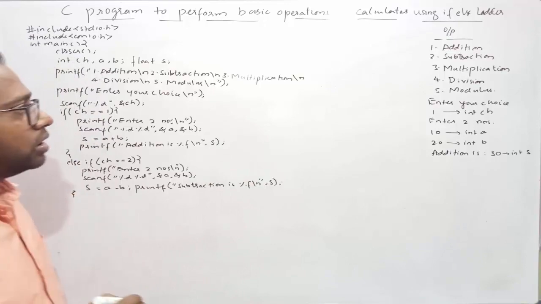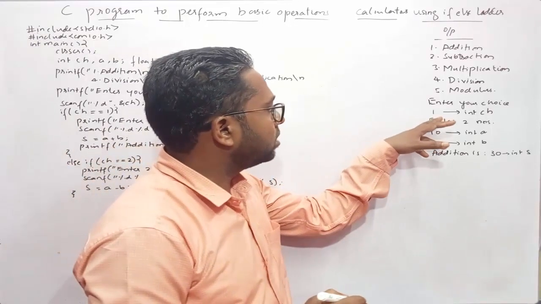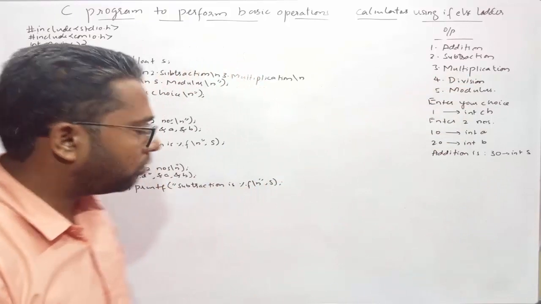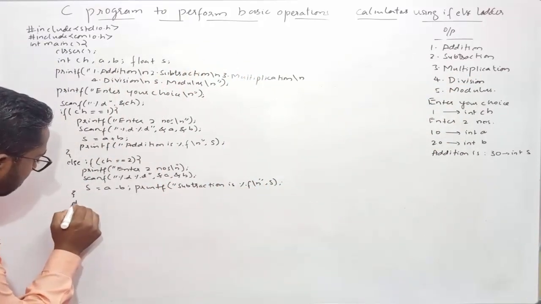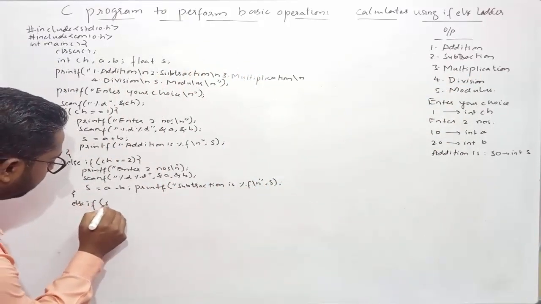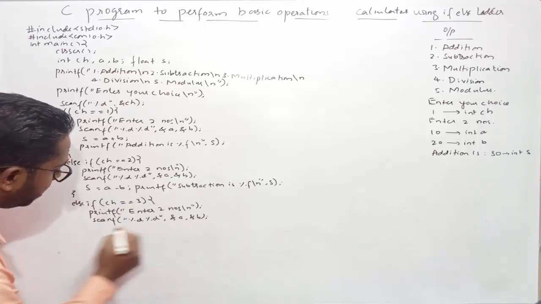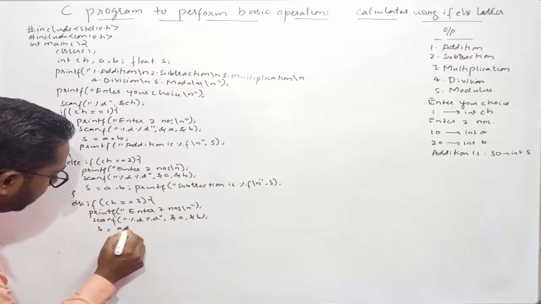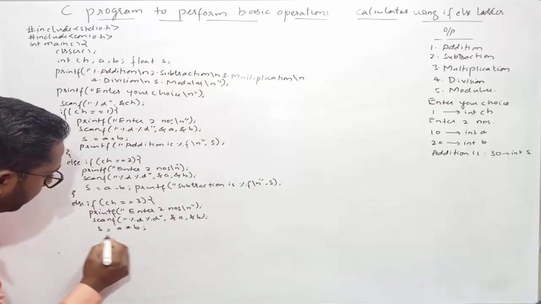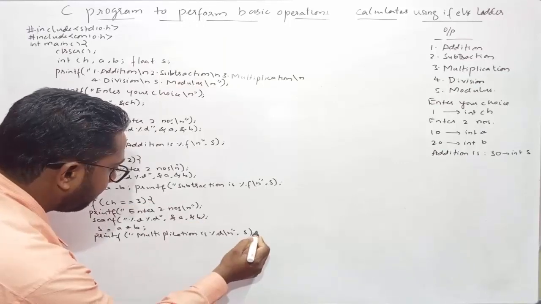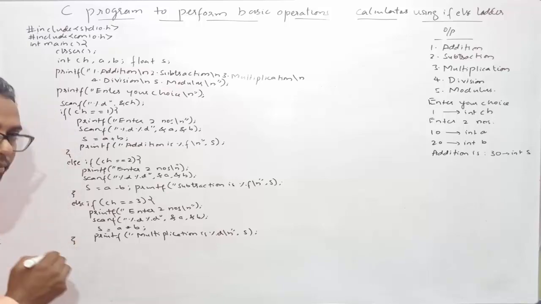Now suppose the user has entered choice 3, that means the user wants to perform multiplication. else if ch is equal to 3, then s is equal to a star b, and print, bracket closed.